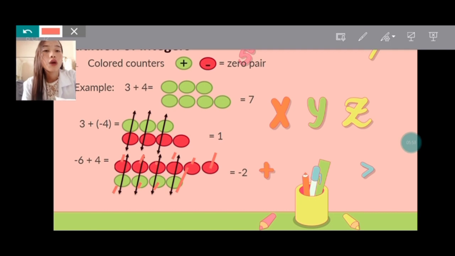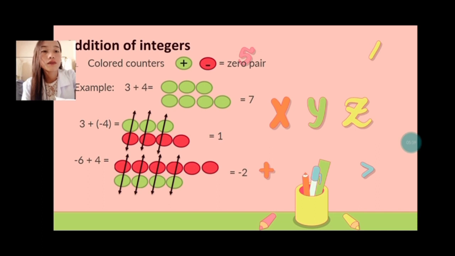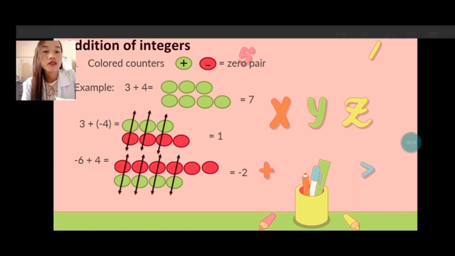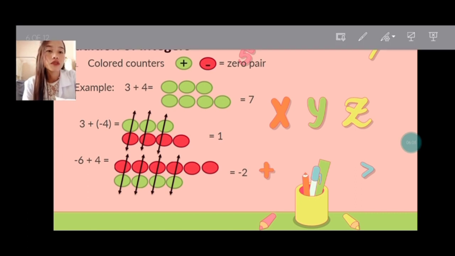Then we can apply the 0 pair. Cancel, cancel, cancel, cancel. How many are left? It is 2. Since it is red, we have a negative 2.